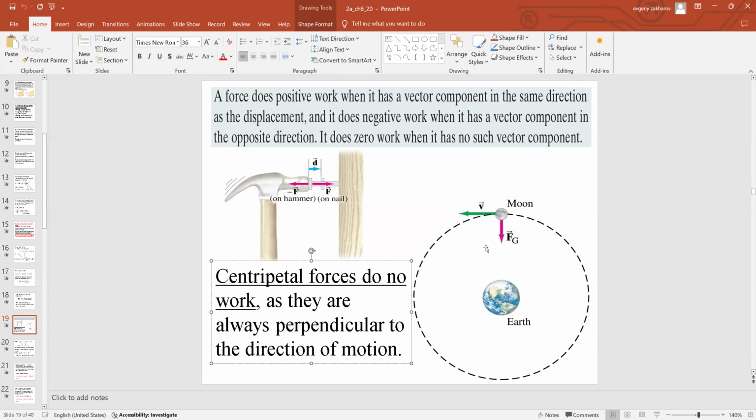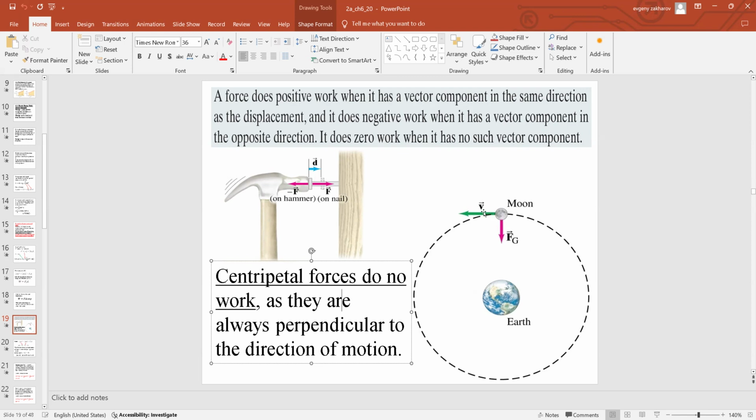We said that there is centripetal acceleration, and centripetal acceleration is caused by centripetal force, and there is a linear velocity vector that is tangent to the trajectory, and that centripetal force can be either gravity or friction or tension forces. So let's try to figure out how much work this centripetal force will produce.